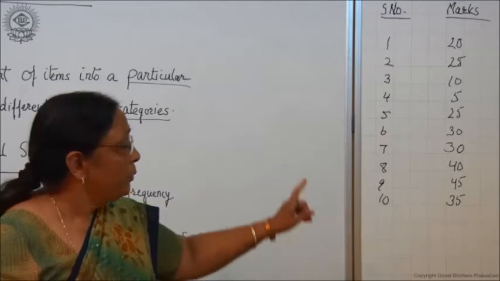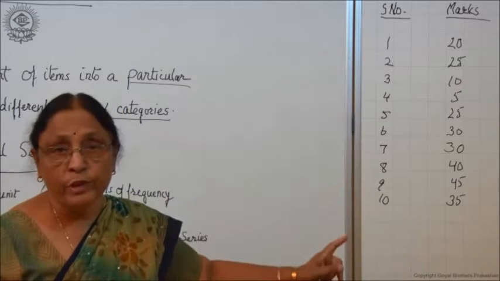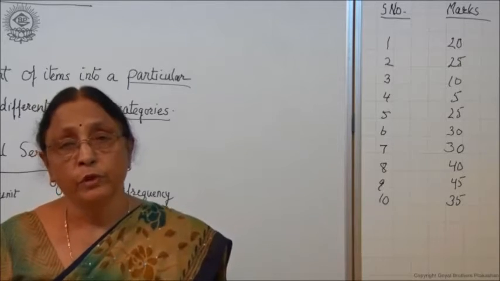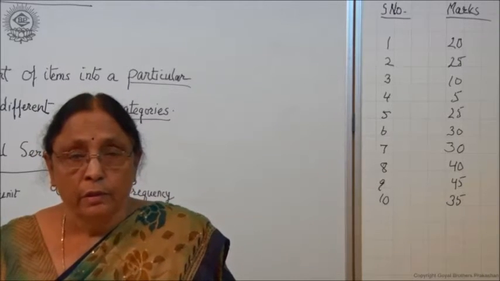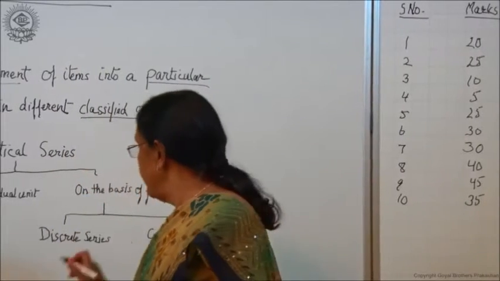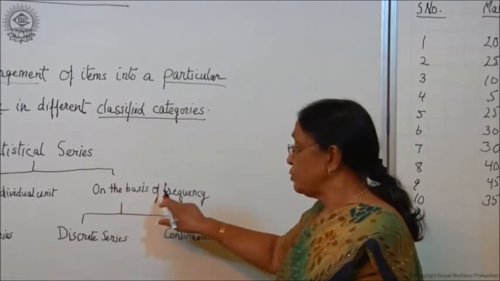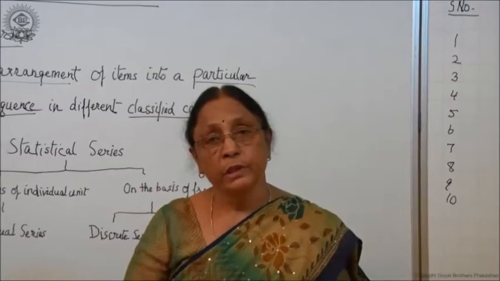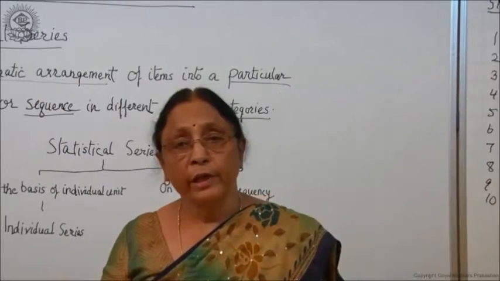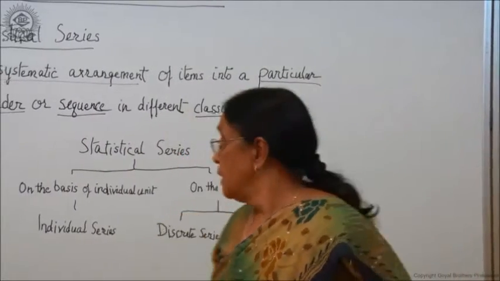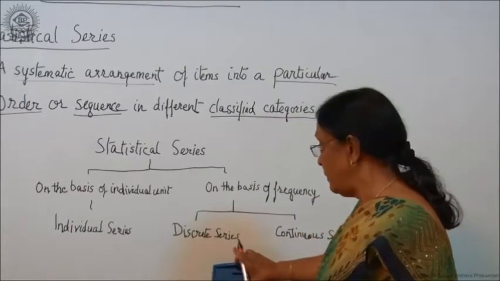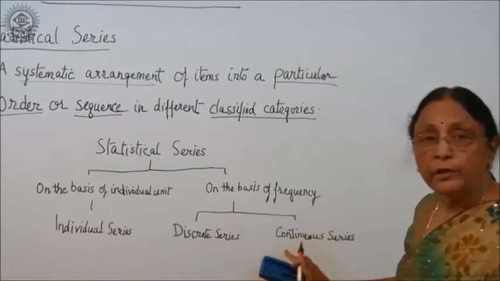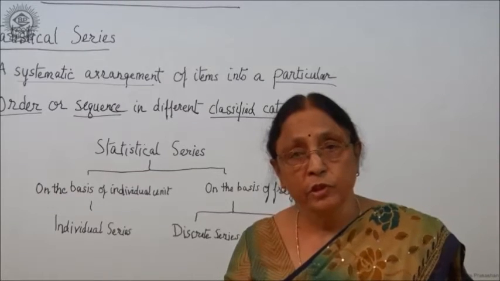So don't convert it into a type of frequency, because this is the case of individual series. Now we come to the next type of series, that is on the basis of frequency. This will show how the frequencies are written down against the different types of variables. Now there are two types of variables, discrete variables and continuous variables, as I told you in the previous lecture.